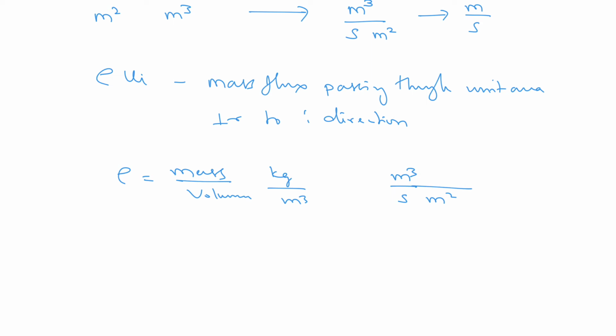Now we have kilogram per meter cube. So easily we can say that the meter cube cancels, and from kilogram, this is the mass flux, the flux passing through unit area. Easily you can arrive at a solution.